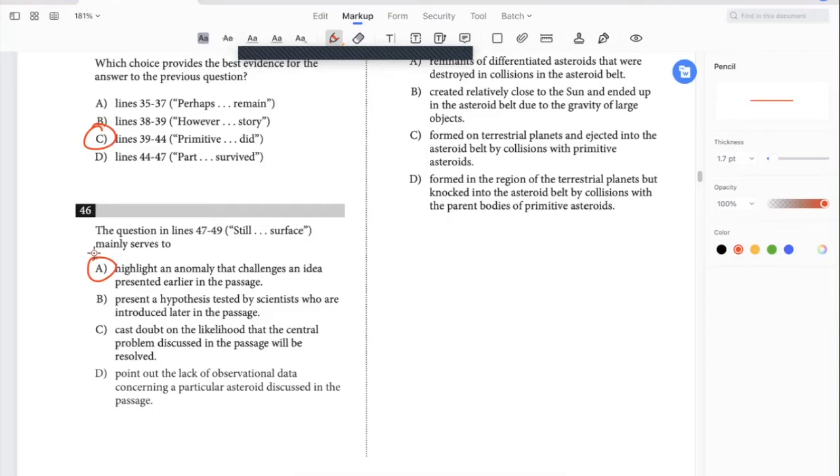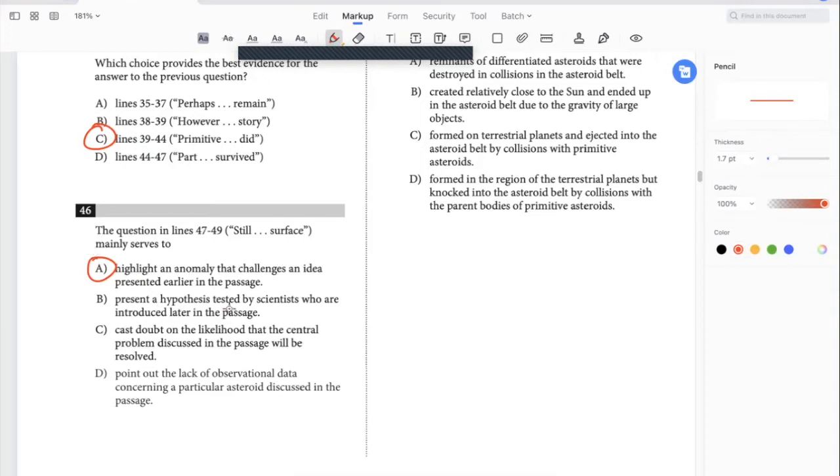So this is A, because what Vesta does is that it kind of shows that this argument of collisional erosion that the passage forwards may not be a complete picture, because Vesta did survive as a differentiated asteroid. It did survive this entire time, and it is an anomaly because it doesn't explain the whole process of why differentiated asteroids have not survived.